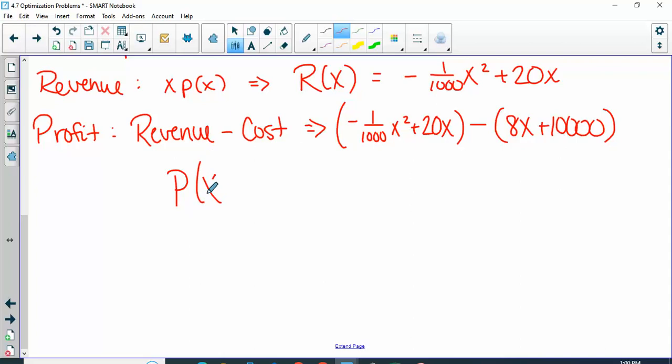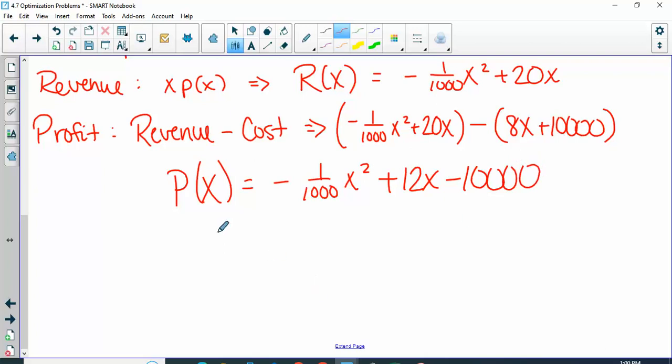So profit is negative 1/1000 x squared plus 12x minus 10,000. And now we want to maximize that, so we do the derivative of this and set that equal to 0.